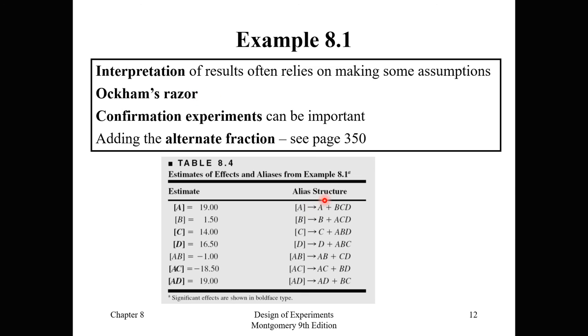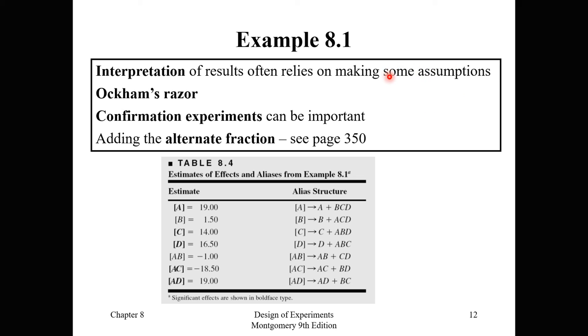So if we're looking at a 1-way main effect and a 3-way interaction effect, and we're trying to figure out what contributes to this number 19, Occam's razor would say, well, the main effect is the simplest explanation, so the main factor A is the primary contributor to this number 19, not the interaction effects. But this is a big assumption to be made.